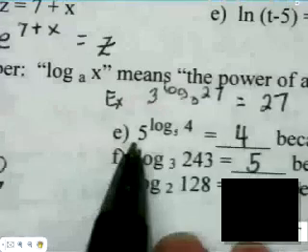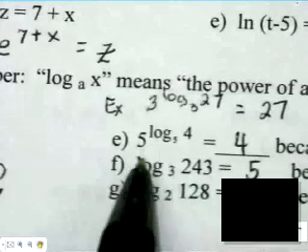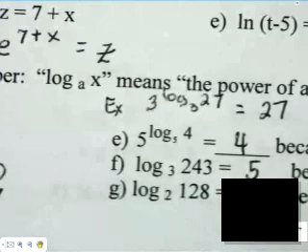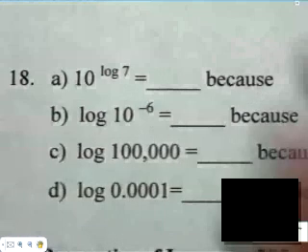In number 16, when we had 5 to the log base 5 of 4, we said 5 to the log base 5 just undo each other and leave you the 4. The same thing is true in number 18, that's log base 10 of 7, and 10 to the log base 10 undo each other and just leave you the 7.